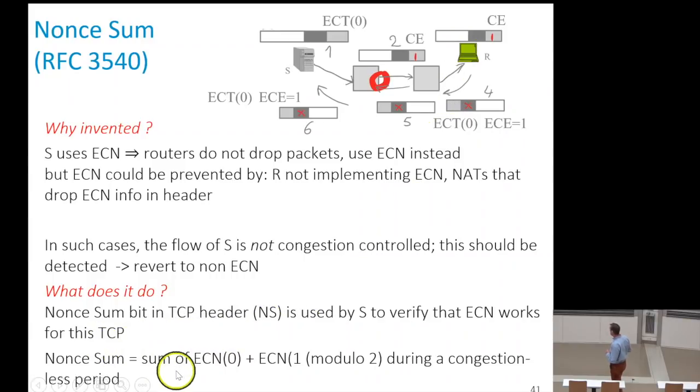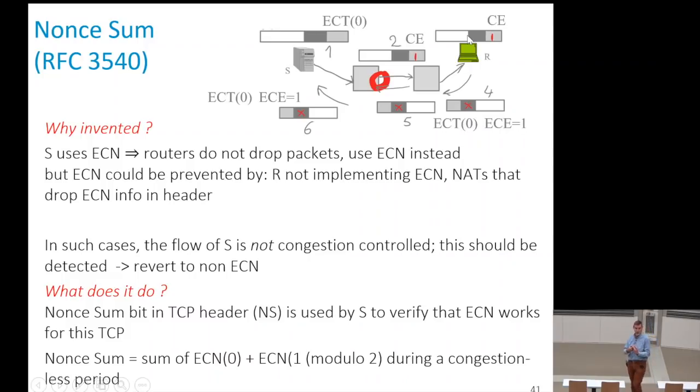So the nonce sum is the sum of all the ECT bits modulo 2 during a congestion-less period. So here we see that when the source sends a packet, it puts ECT0 or ECT1. So it is putting a random sequence of zeros and ones. What the standard requires is that the receiver, what does the receiver see?